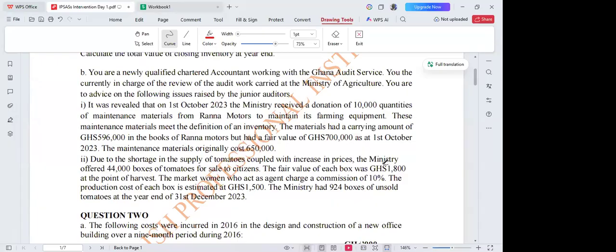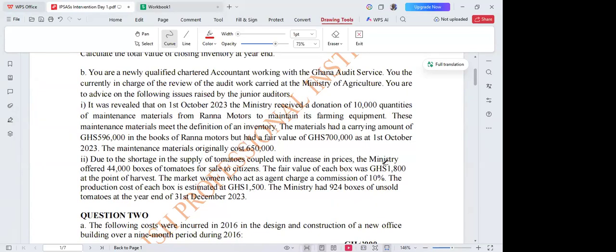Okay, let's pause there. So let's do I. We are still on inventory. Let's first identify the type of inventory in this question. What type of inventory do we have in this question? Yeah, Ransford, I say agricultural produce.